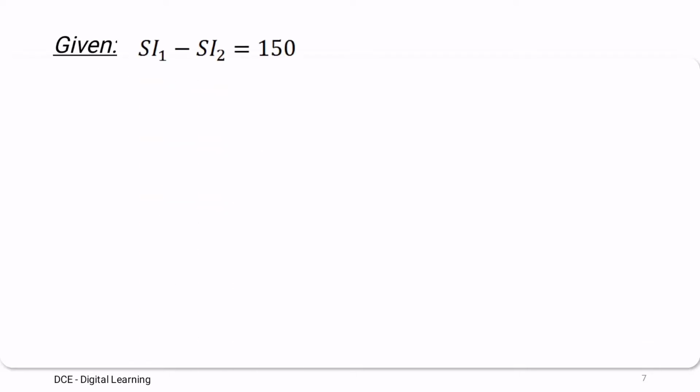So simple interest 1, that is simple interest in case 1 minus simple interest 2 in case 2 is equal to 150. This they have given in the question itself. So simple interest in first case is 0.9P and simple interest in second case is 0.3P. So 0.9P minus 0.3P equals 150.